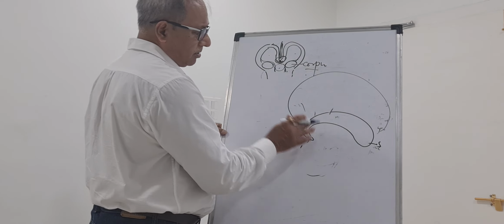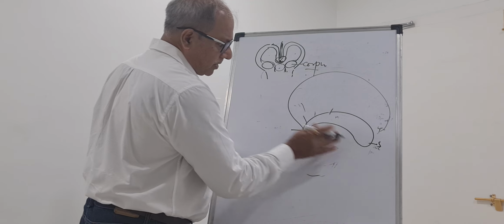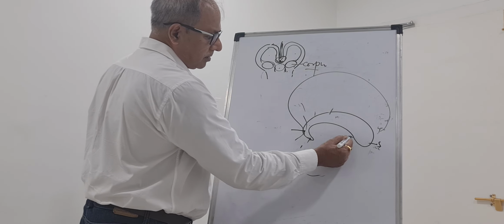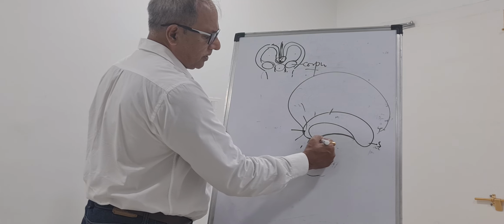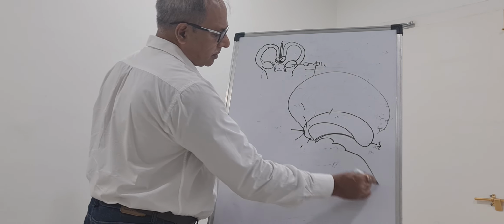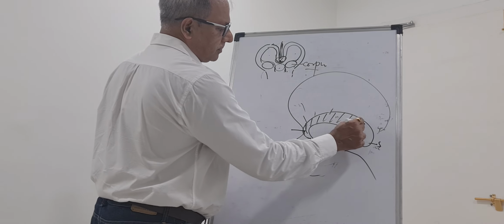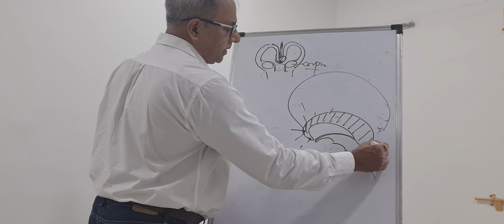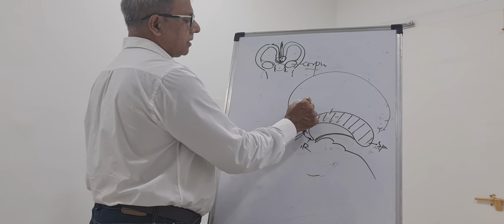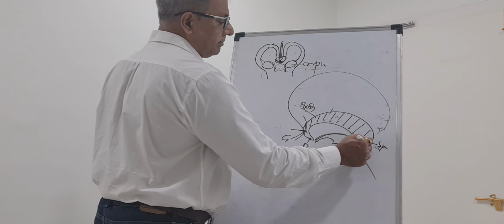And if you see the corpus callosum from above, you can see there is a cavity below this. This is the fornix, and this is the corpus callosum. This corpus callosum has splenium, rostrum, genu and body. This is fully formed after 19 or 20 weeks.